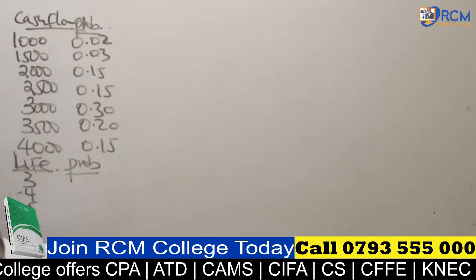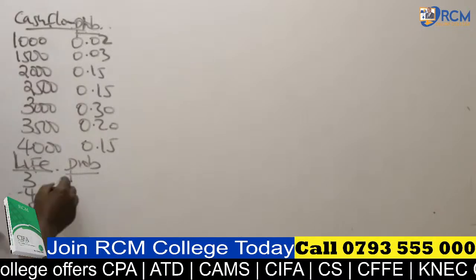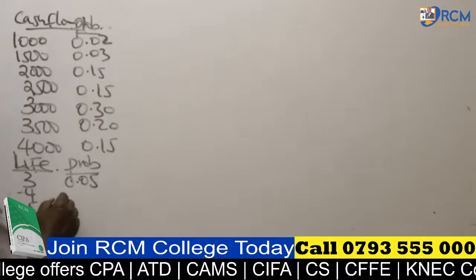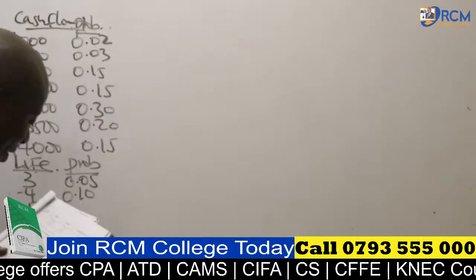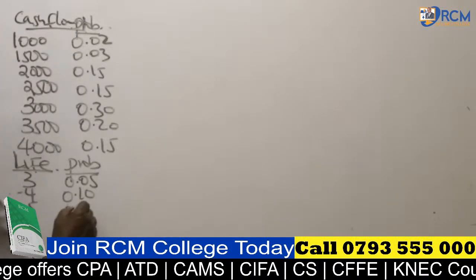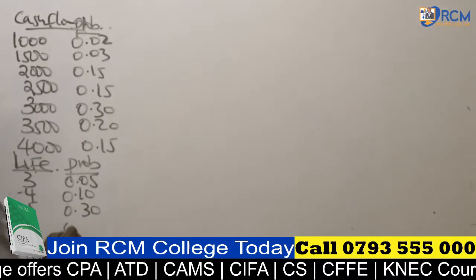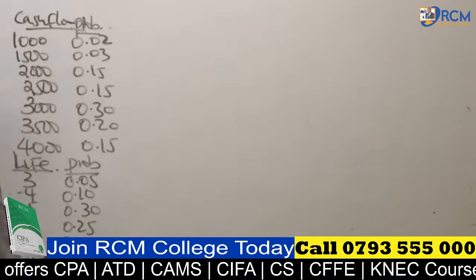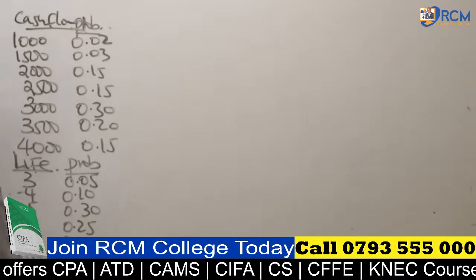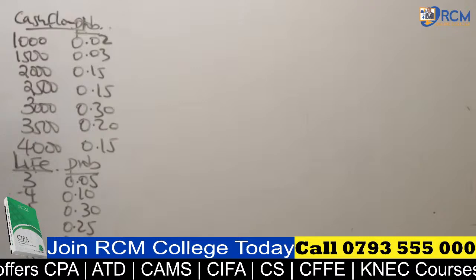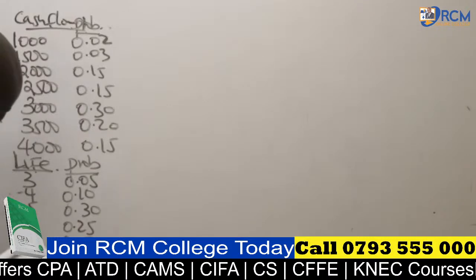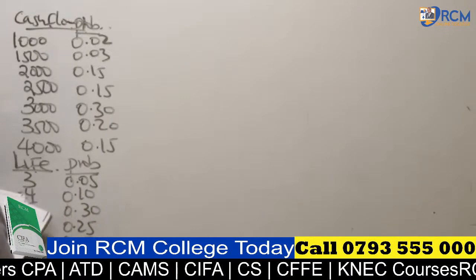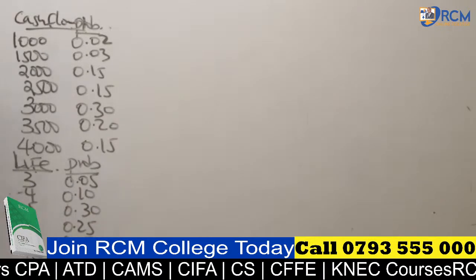So the probabilities, we have 0.05, 0.10, 0.30, 0.25, 0.15, 0.10, 0.03. The last one, which you are not able to see, is 0.02.